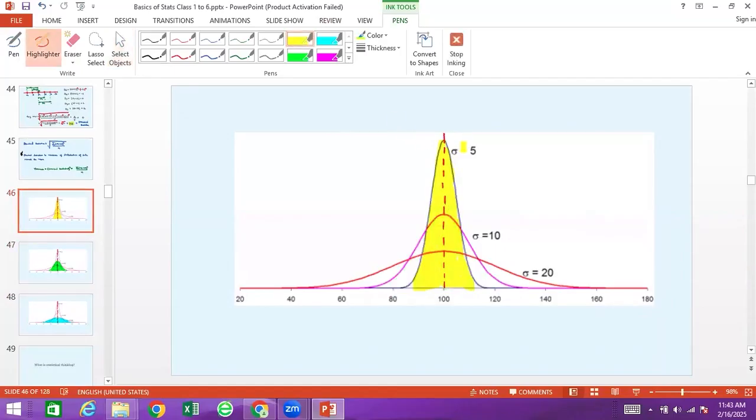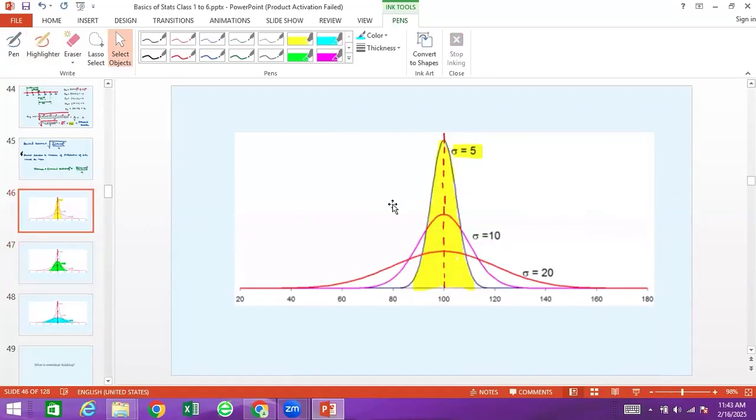Yeah, one question. So here, is that a mean? Mean is average, right? Mean is average, yes. Here 20 is mean and 10 is also a mean and 5 is also a mean.